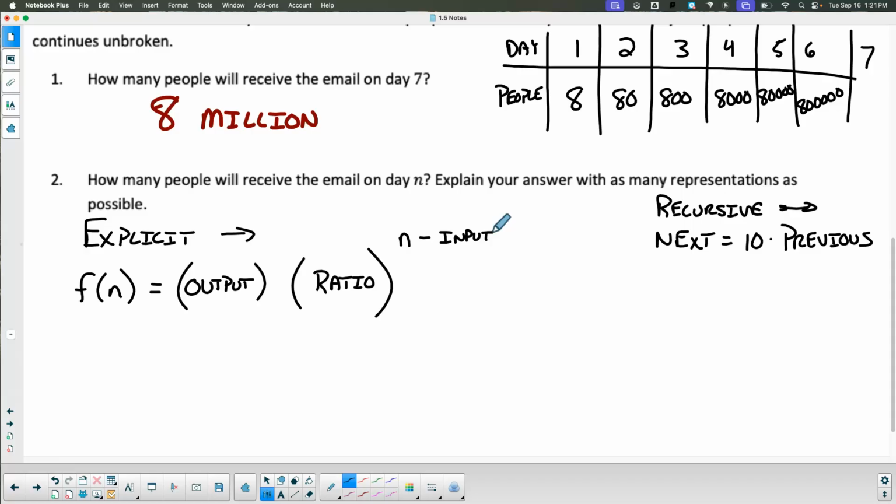What I mean by that is, off of our table, we could have 7 different equations there.